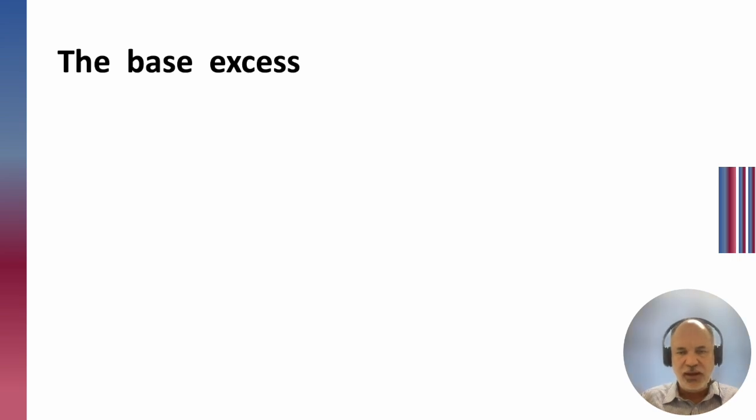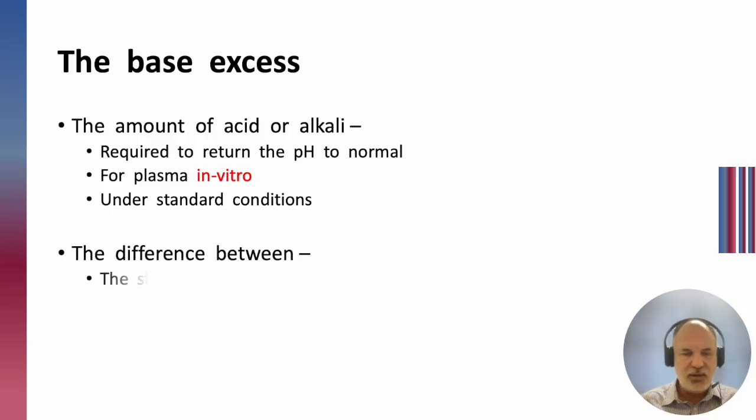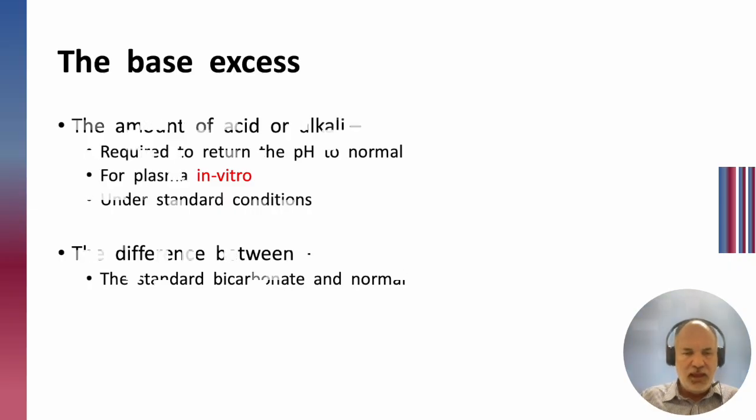And then the last two that I want to focus on is, first of all, the base excess. So this is defined as the amount of acid or alkali required to return the pH to normal for plasma in vitro under standard conditions, and it really amounts to the difference between the standard bicarbonate and normal.